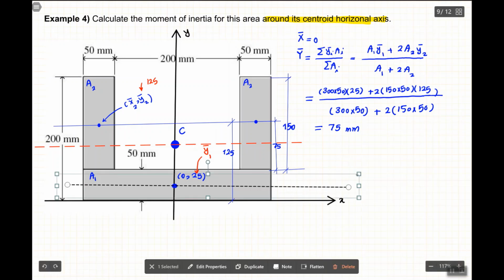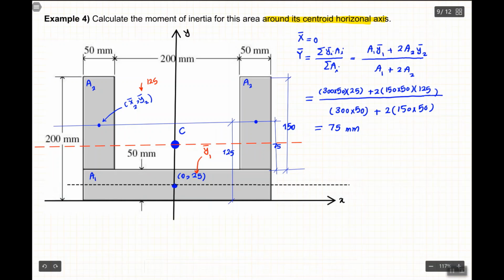We have a formula for that, which we just learned. It is a rectangular shape, and the formula is 1/12 and two brackets, one of them to the power of 3. So the length of this one is 300, and this one is 50 to the power of 3.